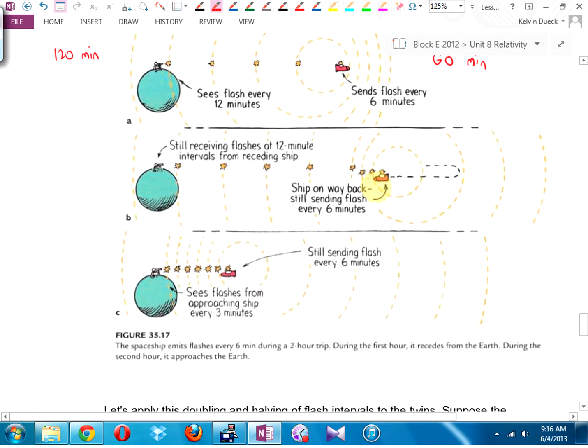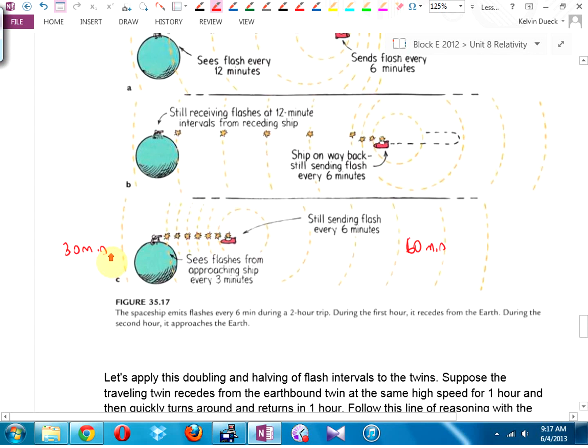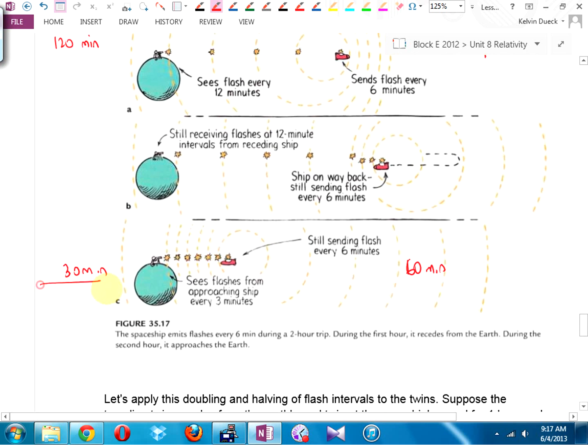On the way back, it's sending a flash every 6 minutes. It would still, at the beginning, receive some flashes at 12-minute intervals. But then, here, 60 minutes of time for the spaceship would end up being 30 minutes of time, for a total of 150 minutes versus 120 minutes.